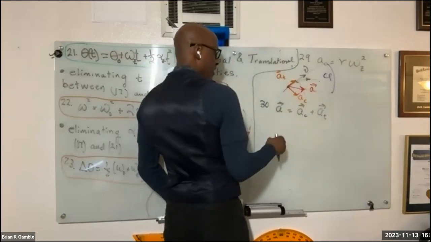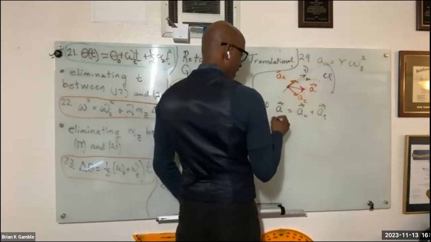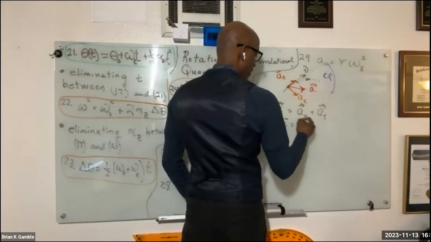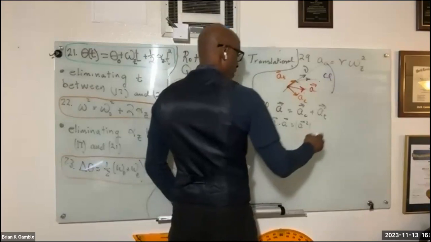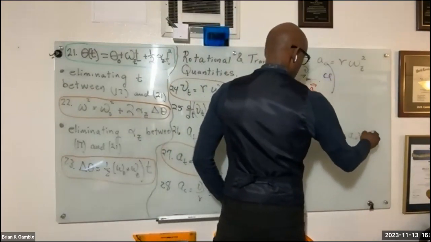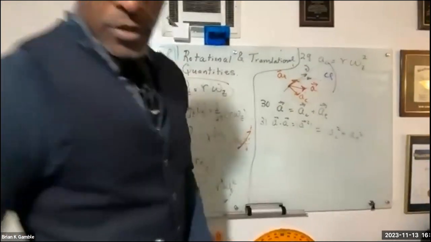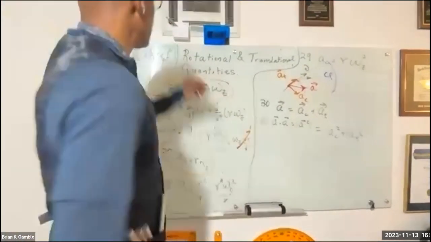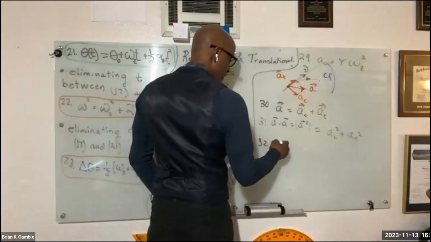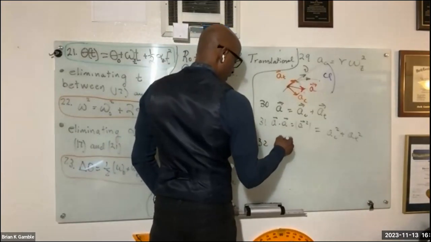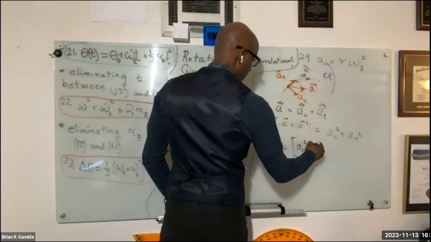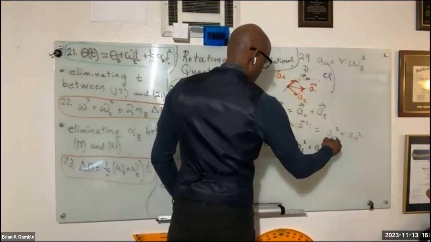I can do the Pythagorean theorem to get the magnitude, right? A dot A is going to equal A squared. So that's going to be equal to AC squared plus A_T squared, the magnitudes. So I can say that the magnitude of A is equal to the square root of AC squared plus A_T squared.